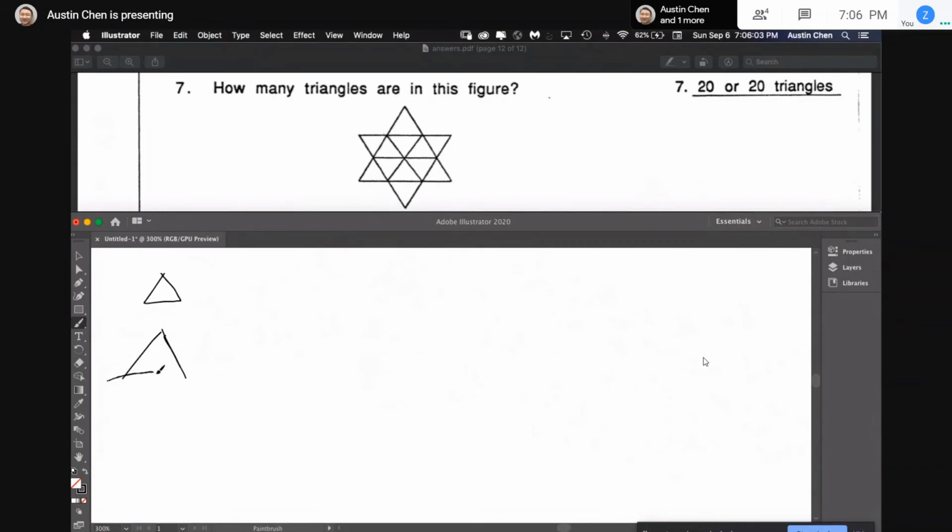Then I would count the larger triangles, and then I would count the largest triangles, like this.